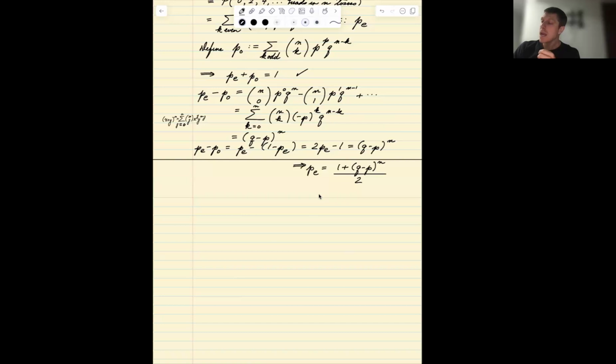It's pretty interesting to get a closed form solution in this case using a little bit of an algebraic technique. And we can check our intuition by saying, okay, suppose that q and p are equal. That happens when p is a half. Then this term, q minus p to the n, goes away and we're left with 0. We have 1 plus 0 over 2. So the probability of even is a half, and the probability of odd is a half. I don't know if I would call that intuitive.